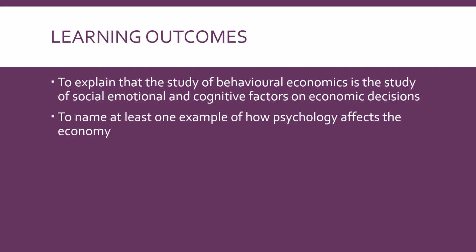We also want to be able to name at least one example of how psychology affects the economy, so this will be relevant to a lot of the topics that you've studied, especially in paper 1. Things like social influence, for example, are really good at demonstrating roles in the economy.